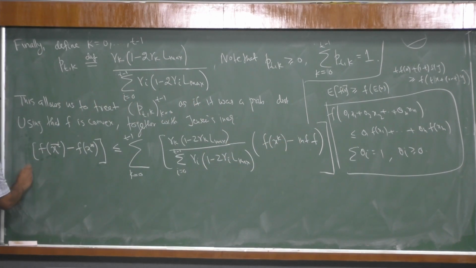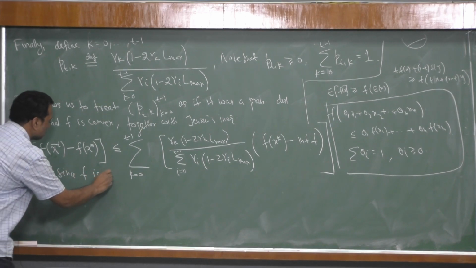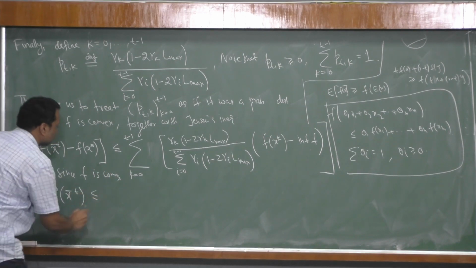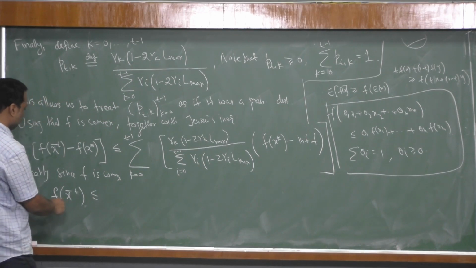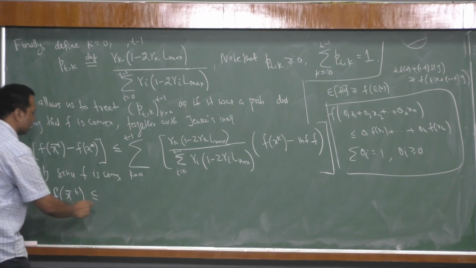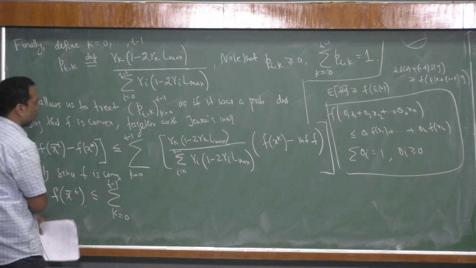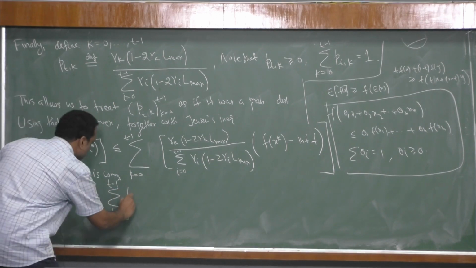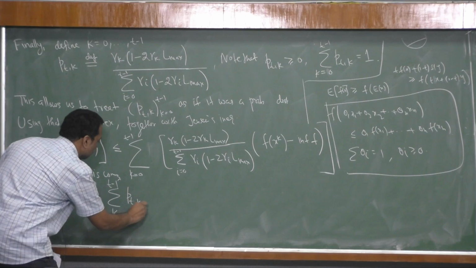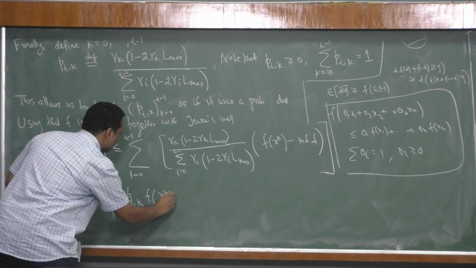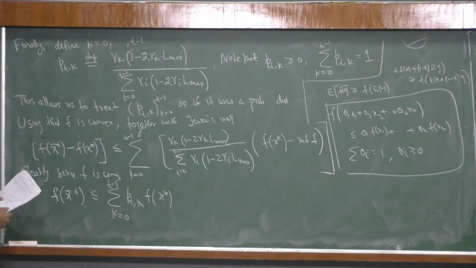So I can write this: clearly, since f is convex, f of x bar t is less than or equal to, if you wanted I could have written a sum here also, the sum over k equals 1 to t minus 1, and I'm tempted to use p t k, so let us use that, p t k and f of x k.